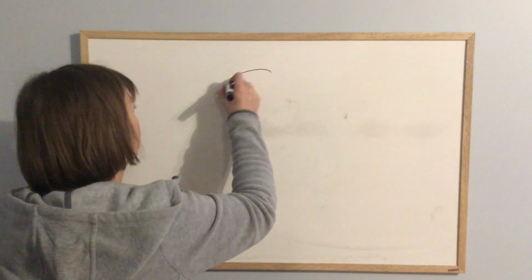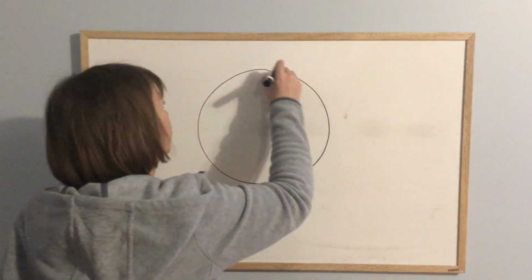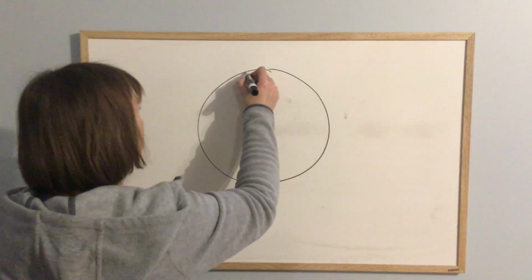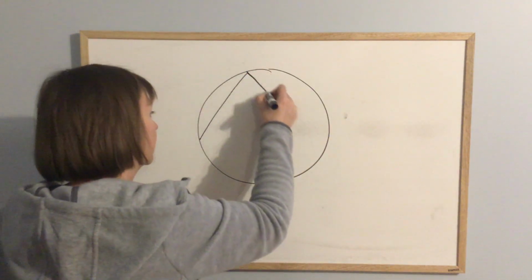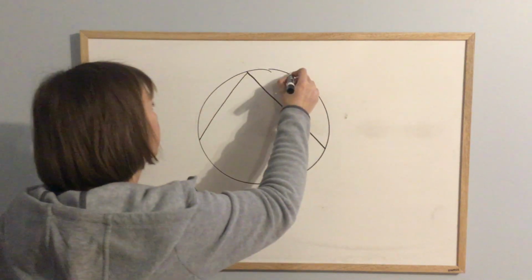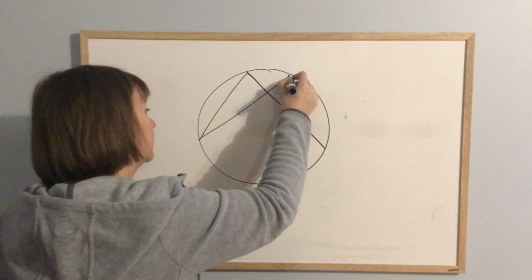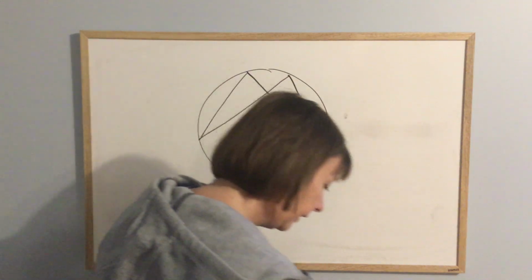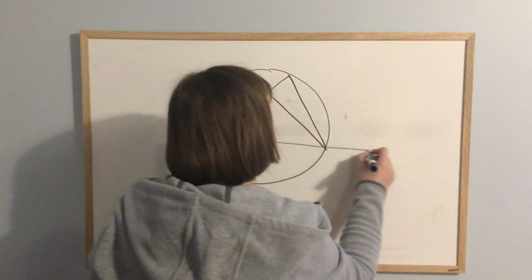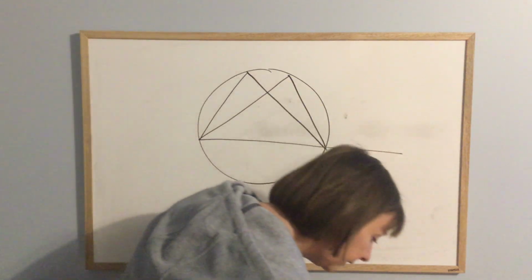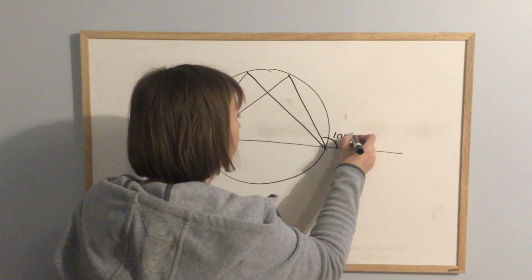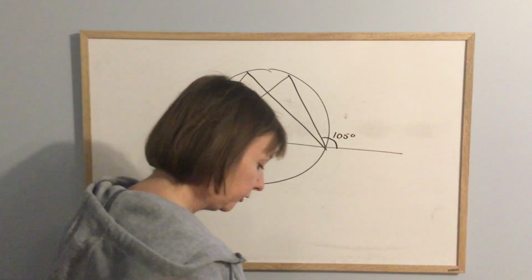So, in example number 4 on page 411, so that's where I am. We have a circle, okay? And we have something that comes out to here, we have another something that comes out to here, and there is a line that goes here, and they tell us that this angle right here is 105 degrees.